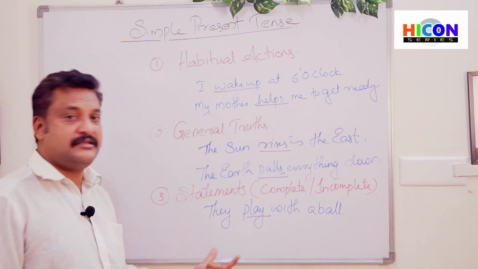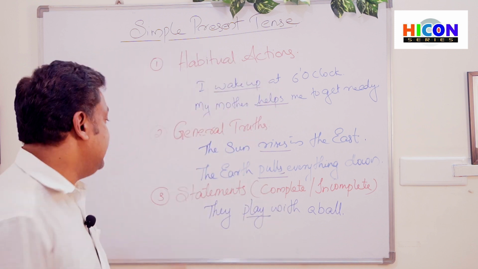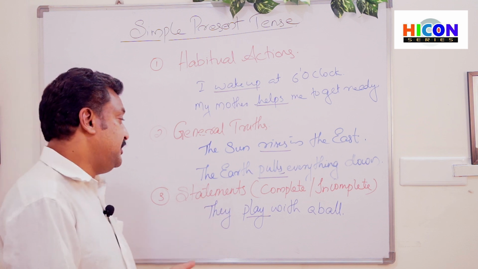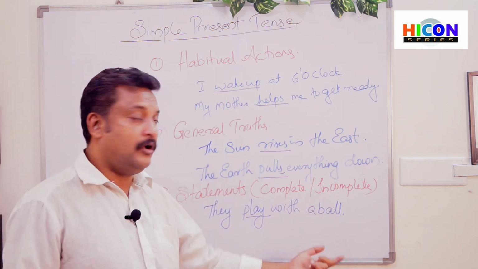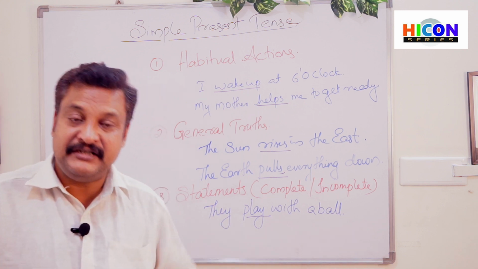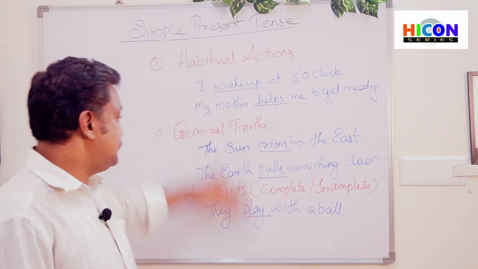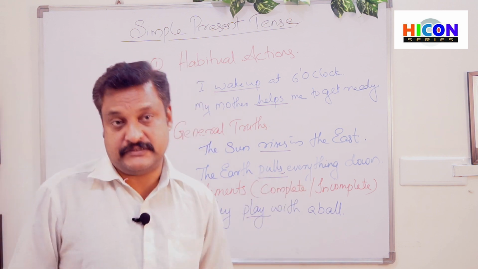Or statements without mentioning whether that is complete or incomplete. Means they play with a ball. So we didn't say anything regarding whether that ball game is completed or not. Okay, so these are the situations where we basically use the simple present tense.